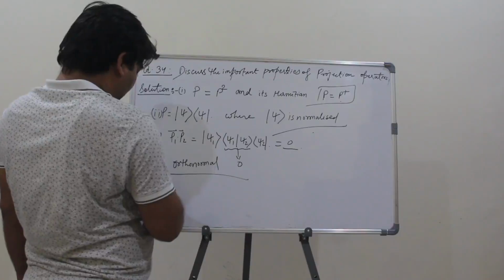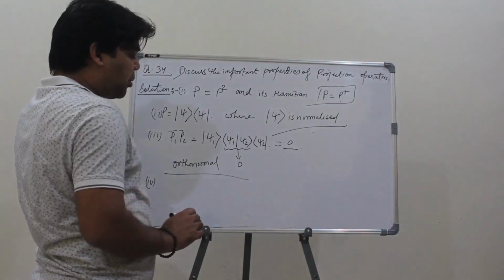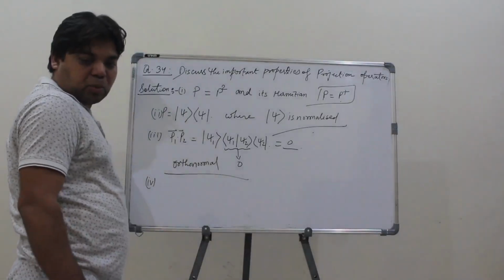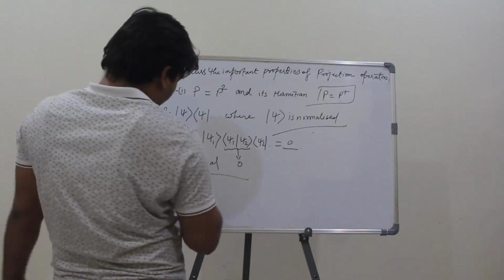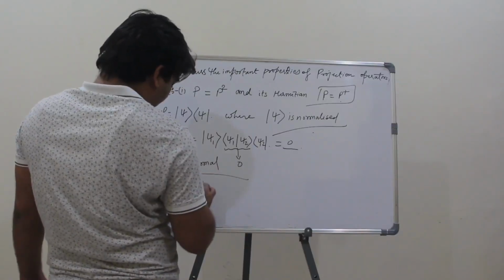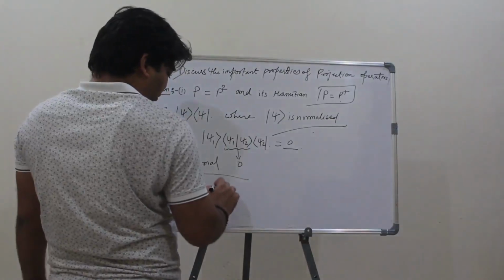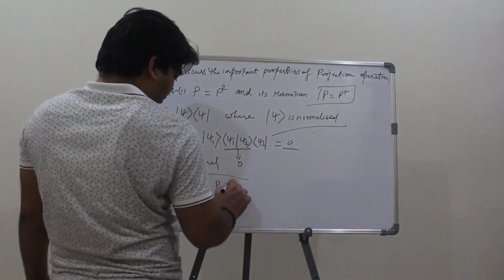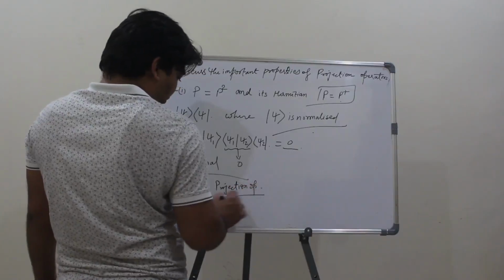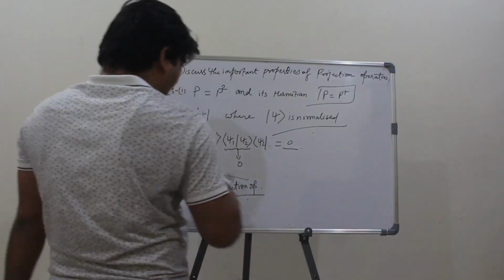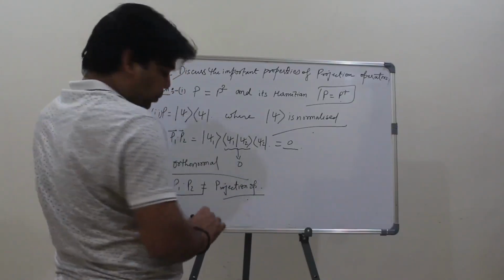And one important property one must remember: the product of two projection operators is not necessarily a projection operator. It will be a projection operator when the product is Hermitian.